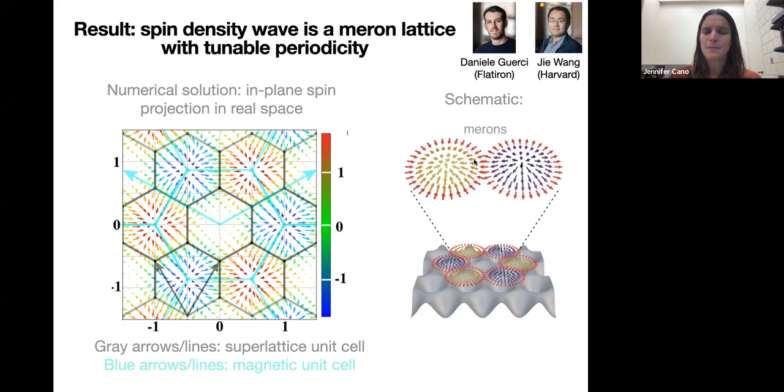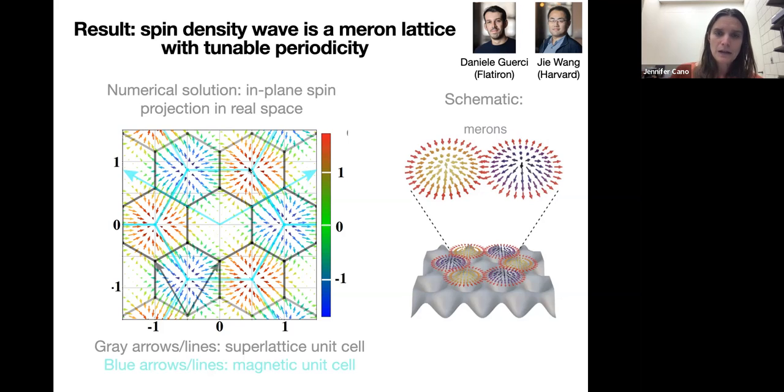And so you can't really compactify the space the way that you can for a skyrmion. But if we have a 2D plane and we have multiple of these merons, then we have no such problem. We're not really trying to make a unified boundary condition. So this is precisely the sort of spin order that comes out of our mean field calculation.